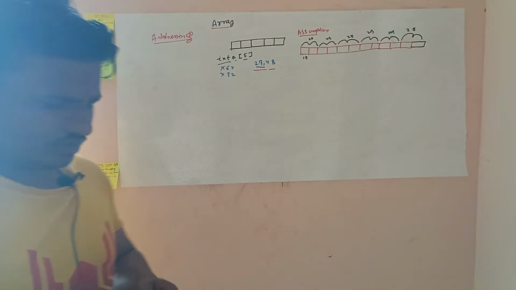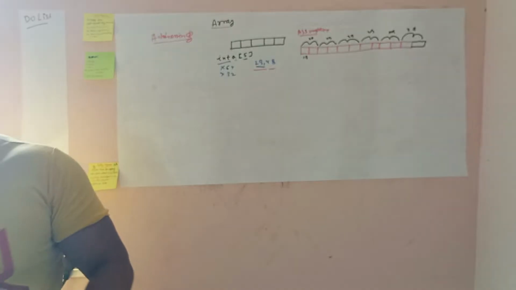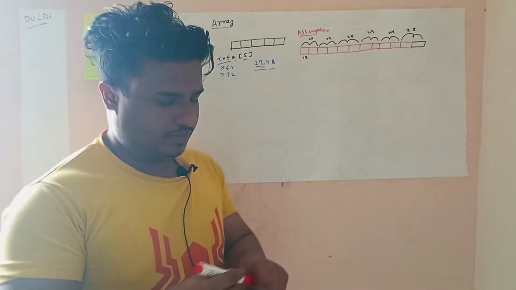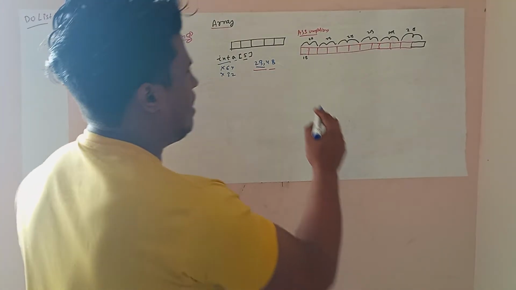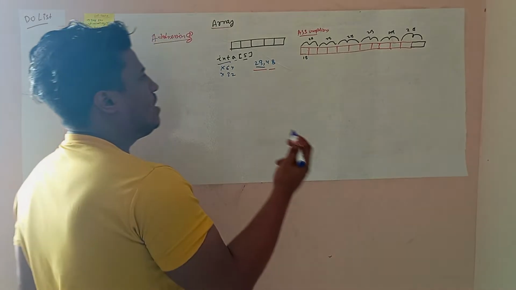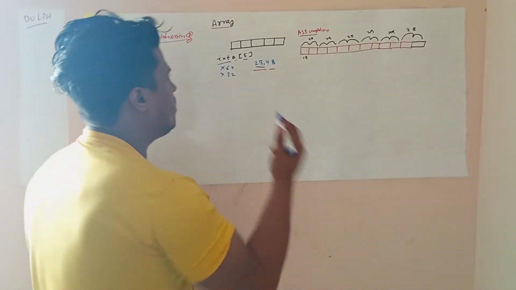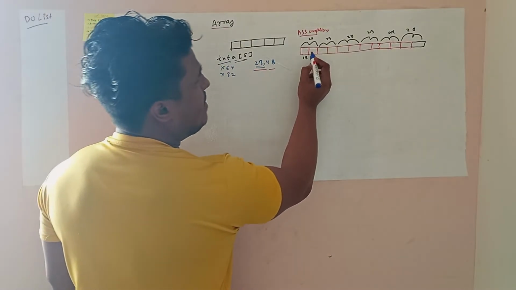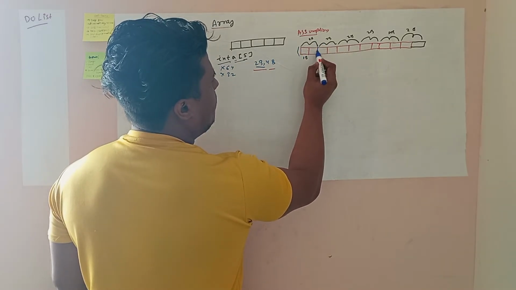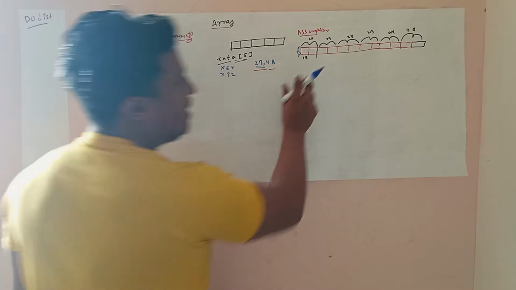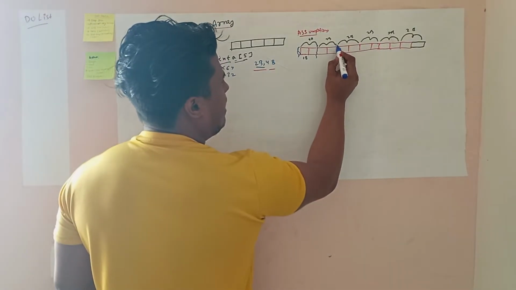So this is how the memory is stored for integer array a. 2 bytes means 2 blocks of memory will be considered as 1 block. It will be assumed that these 2 blocks are 1 block. Hope it is clear to you guys.